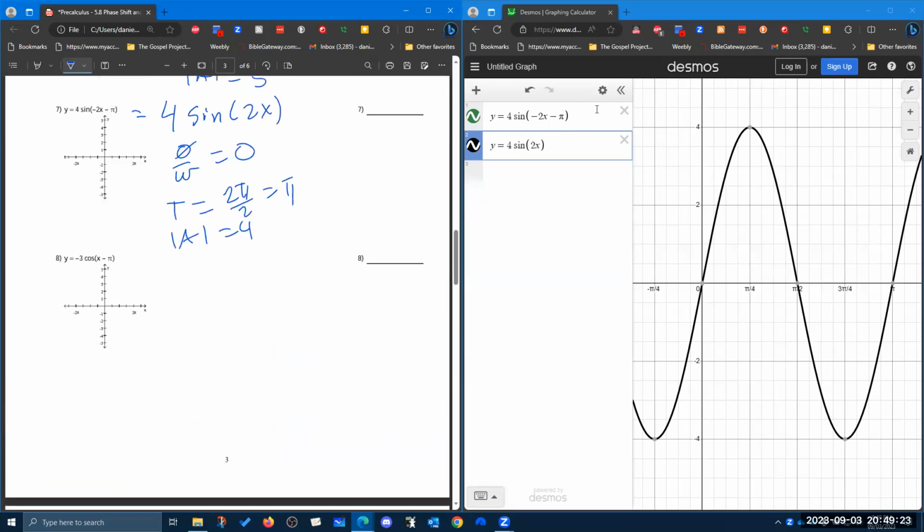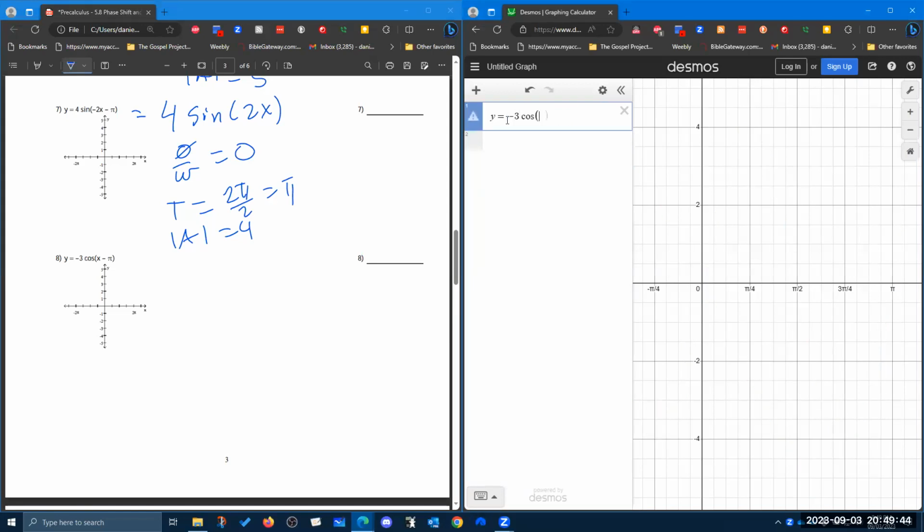So again, it really helps if you can use your identities to simplify your functions down before you graph them, but also I want you to see in this section especially that I can graph the complicated function and graph the simpler function, that they lie on top of each other. All right, last one, -3 cosine of x minus pi. We can see that that is just a regular old cosine looking function here.